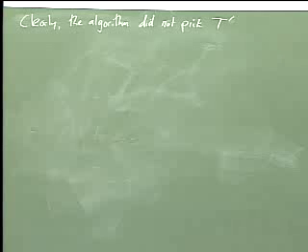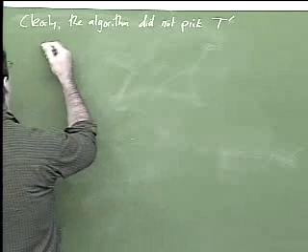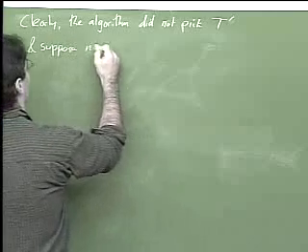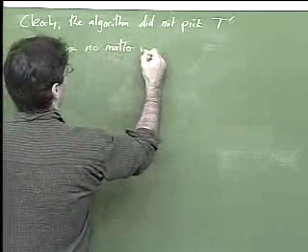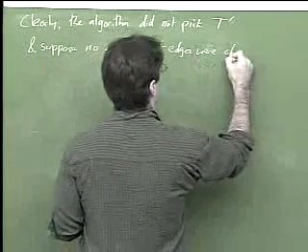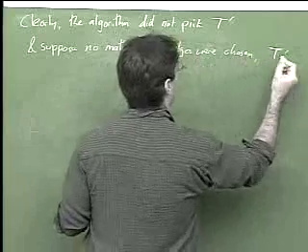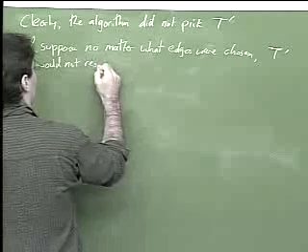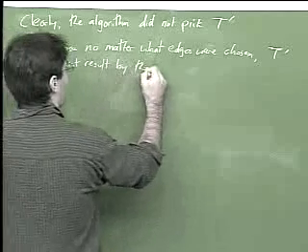And suppose no matter what order the edges were chosen, T prime would not result by the algorithm.